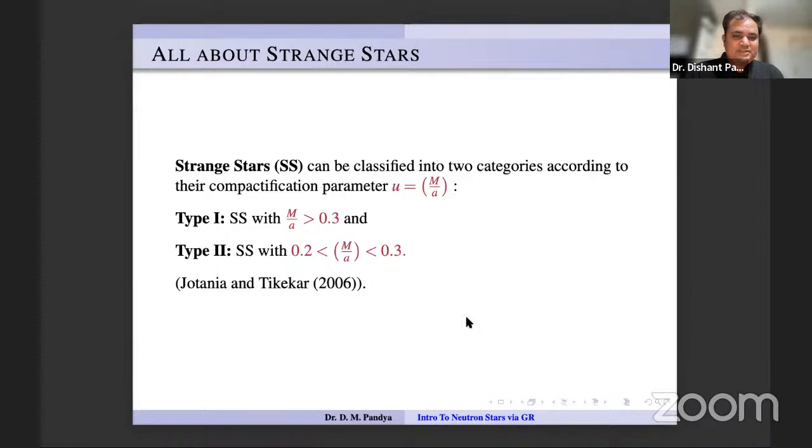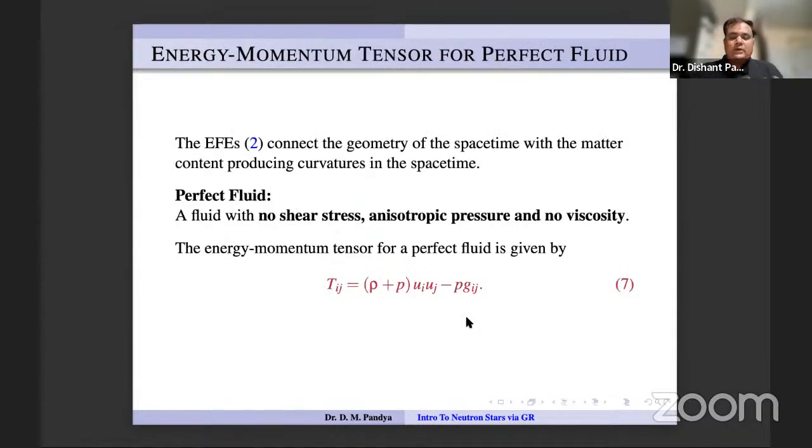And if that ratio is between 0.2 and 0.3, then it is called type 2. So this is the basic category of strange star. You can immediately calculate it once you have the basic information about the mass and the radius of that particular star. This was the second aspect that we have covered so far.